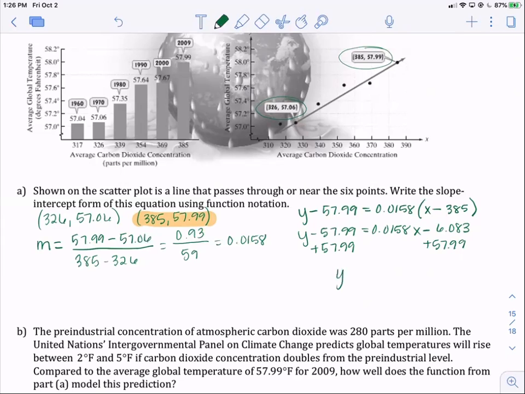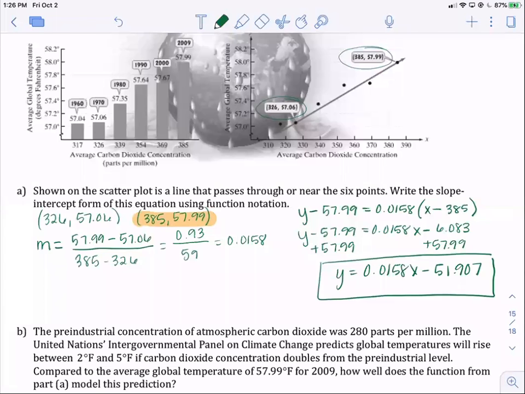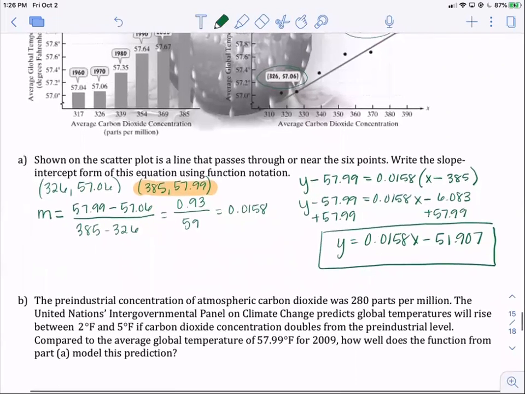So y equals 0.0158x minus 51.907. Okay. Questions with that?